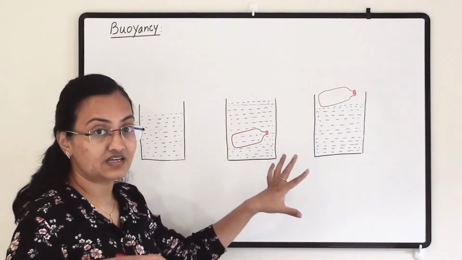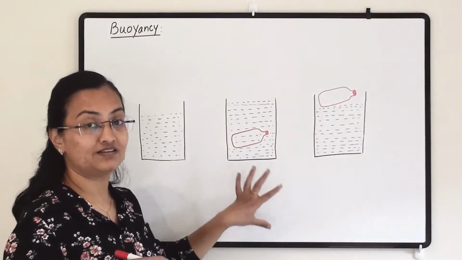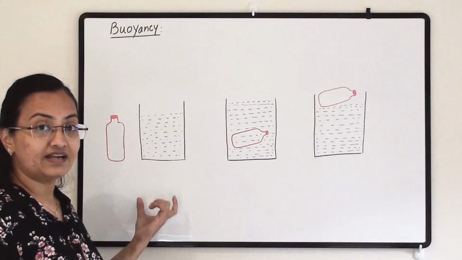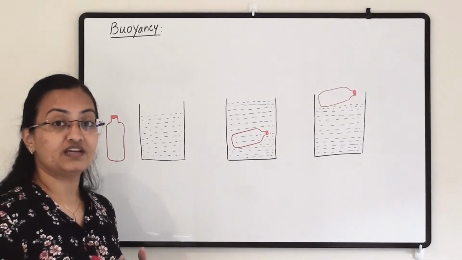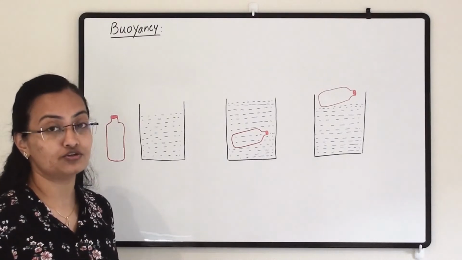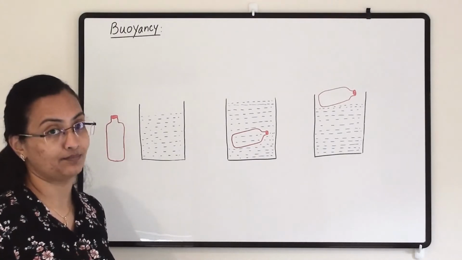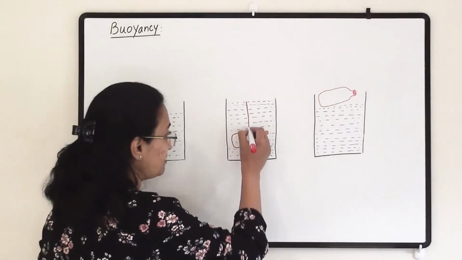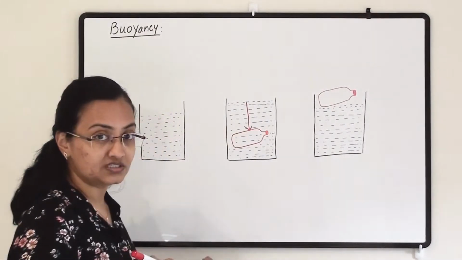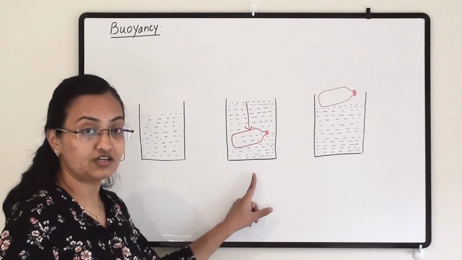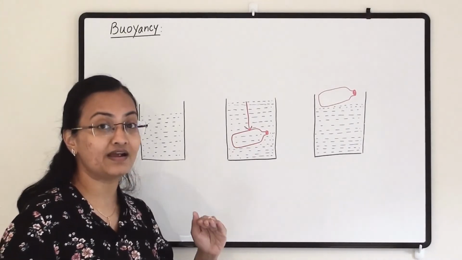Now let us understand the buoyant force and the scientific phenomenon which happened here. We all know that each and every object has a certain weight, and this weight is due to the gravitational force of the earth acting on them. So when we immerse this bottle and apply pressure to it, the gravitational force of the earth is also acting on it, so it should remain at the bottom.